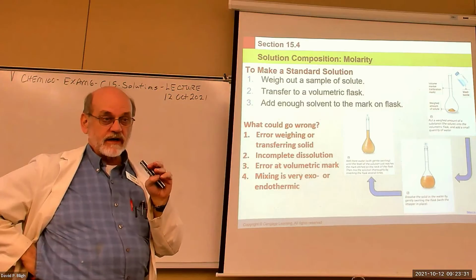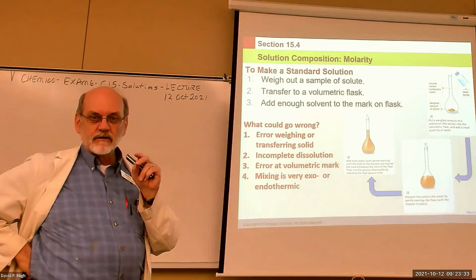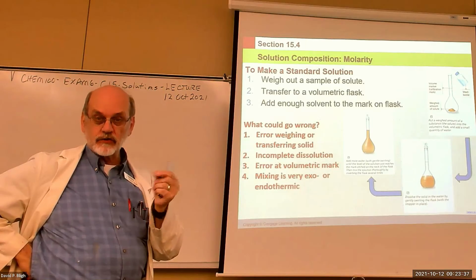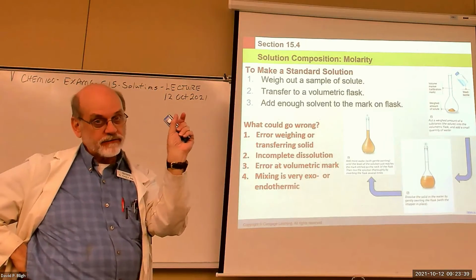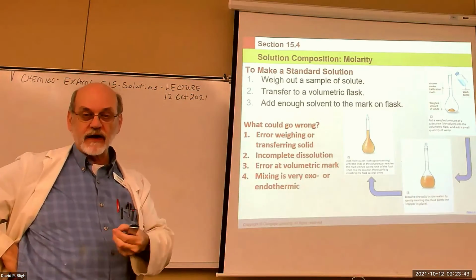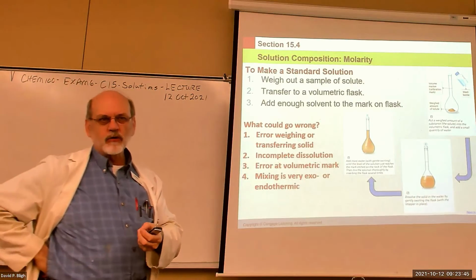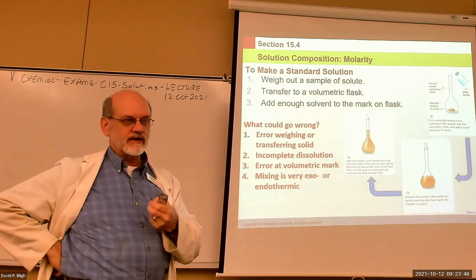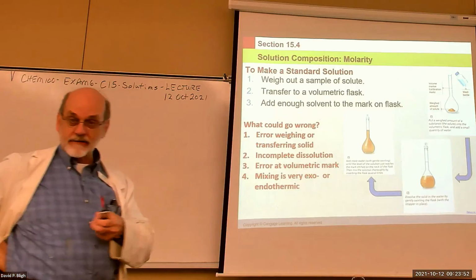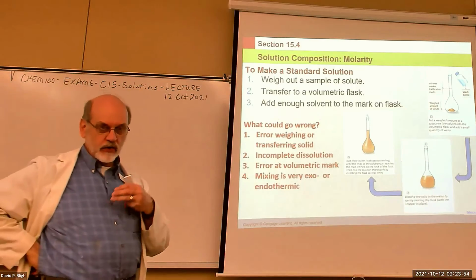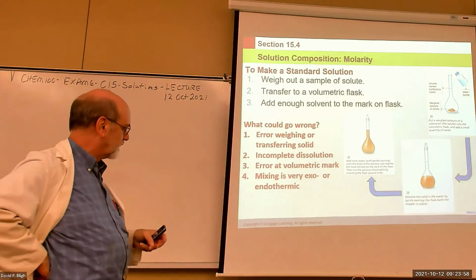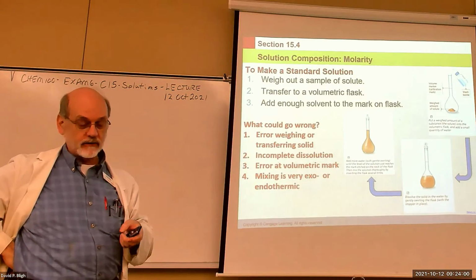Volumetric glassware is calibrated for aqueous solutions at 25 degrees, usually, unless it says on the flask a different value, then you assume 25 degrees. So at room temperature, between 20 and 25 degrees, the error is not significant. But if it's very hot or very cold, you do get a change in volume of your solution. And that could introduce error also.